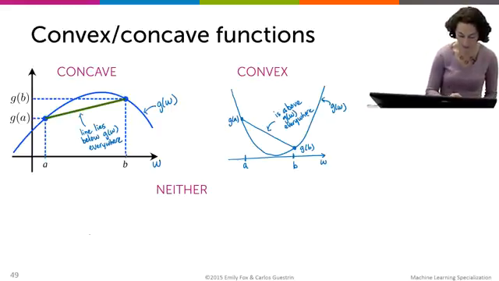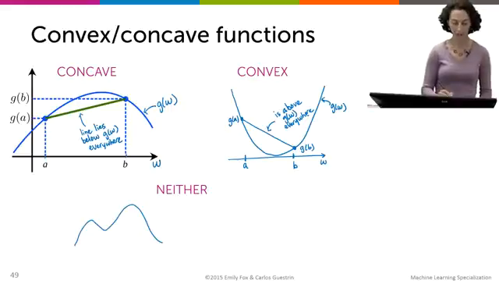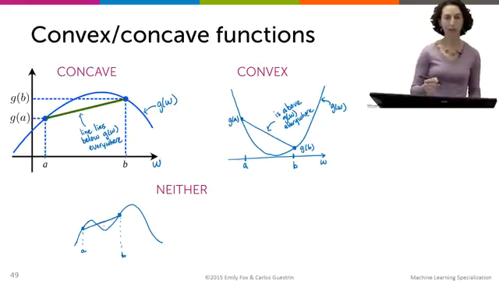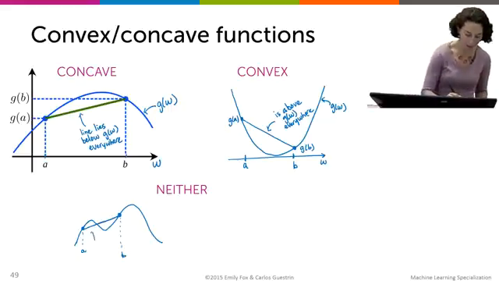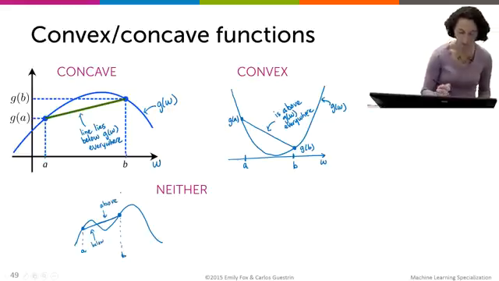But then, of course, there are functions that are neither concave nor convex. So let me just draw two examples here. Here's an example of a function that is neither concave nor convex. And how do we see that? Well, let's look at a point A and a point B and draw a line between these points. And we see that this line lies both below the curve here and above the curve here.